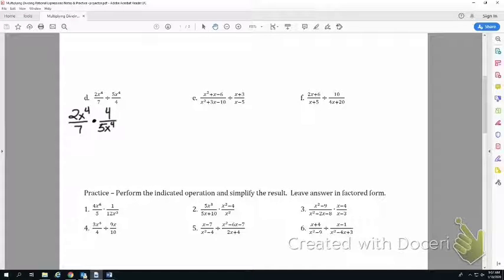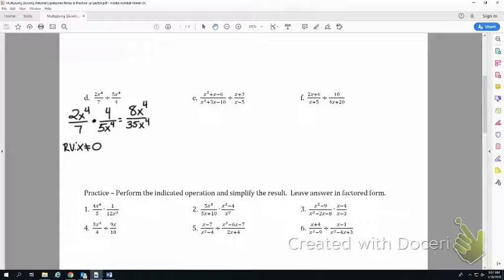2x to the fourth times 4 is going to give me 8x to the fourth. 7 times 5 is going to give me 35. And then x to the fourth. What is my restricted value? 0. 8 over 35.